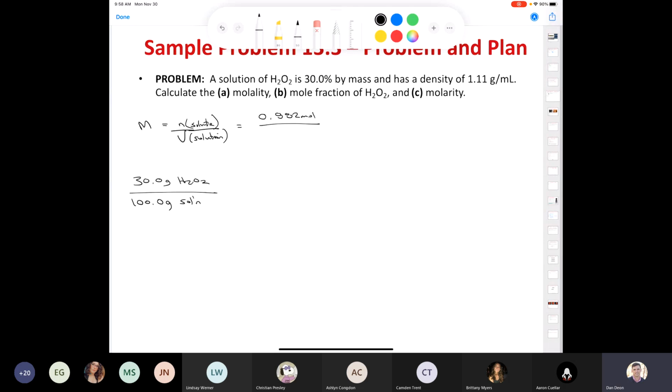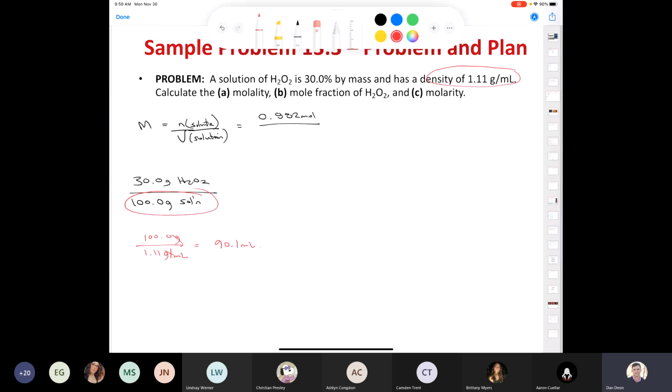If I know that I've got 100 grams of solution, and that the solution has a density of 1.11 grams per milliliter, I can figure out the number of milliliters of that solution. All I have to do is take 100.0 grams and divide it by 1.11 grams per milliliter, and I end up with the volume of solution, which is 90.1 milliliters.